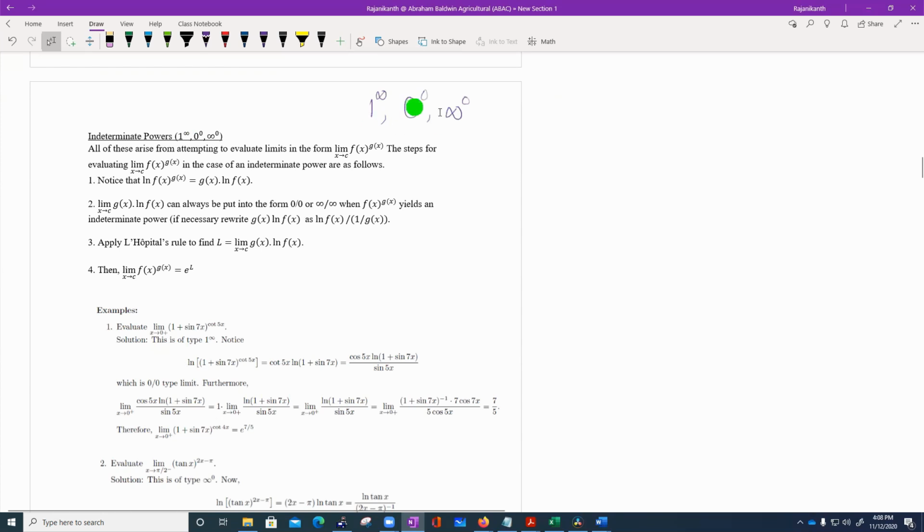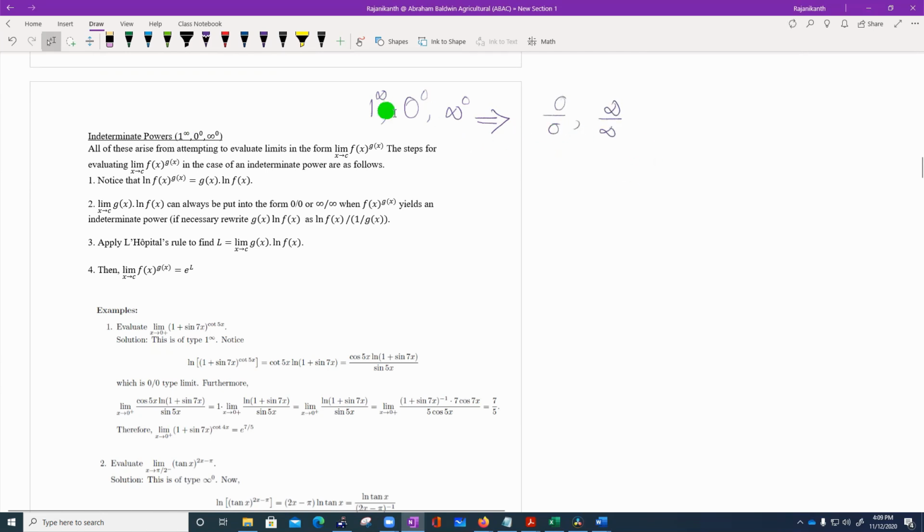For these kinds of problems, you have to approach in a different way before applying L'Hopital rule. Do some alternate techniques to change this form into either 0/0 or infinity/infinity.